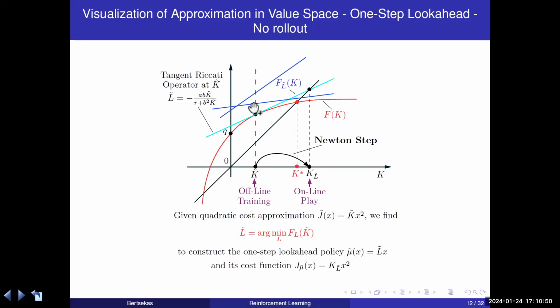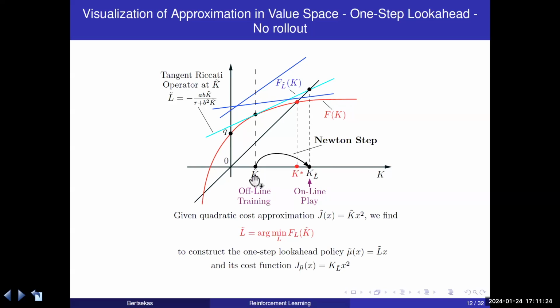So we look at all the crossing points of the linear graphs, and we find the one that's lowest, and that one has to be tangent. So the graph of the minimizing L policy, or the L-Riccati equation, is given by this tangent, and the cost of that minimizing policy is given by the point of intersection with a 45-degree line.